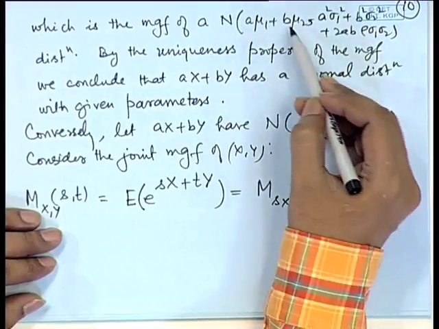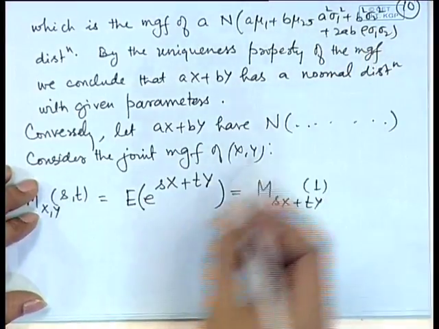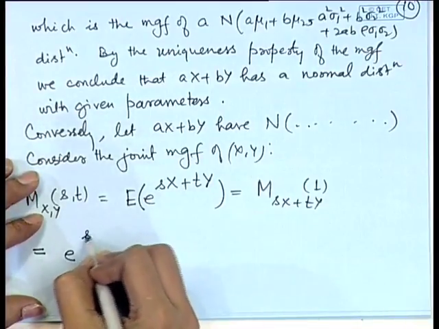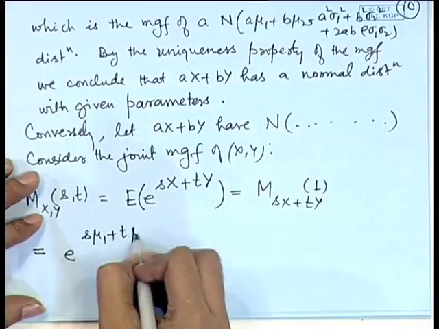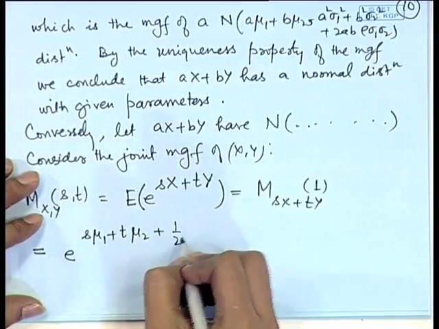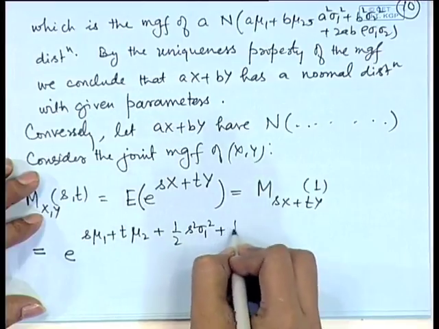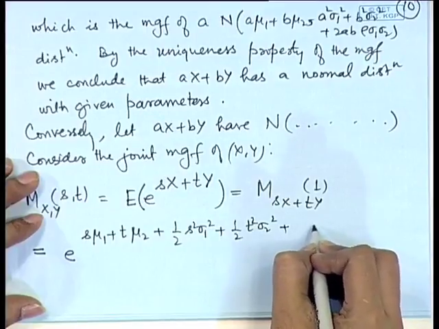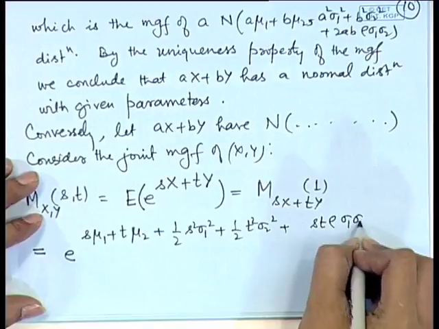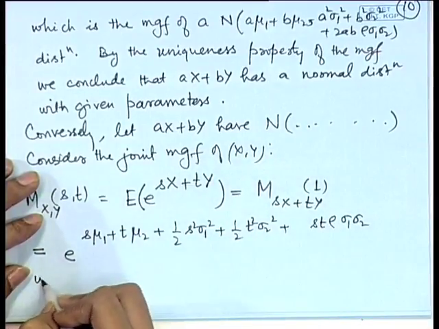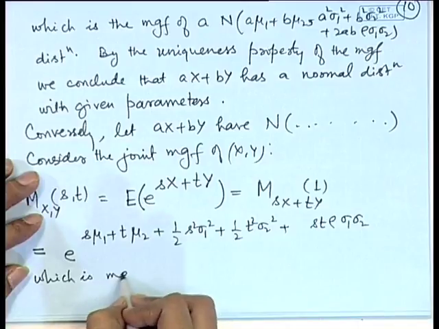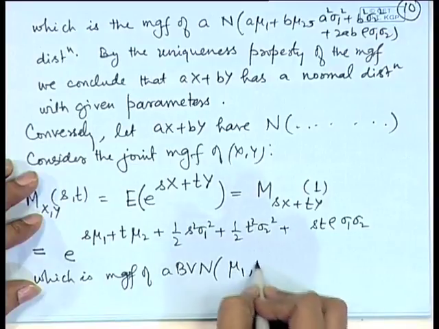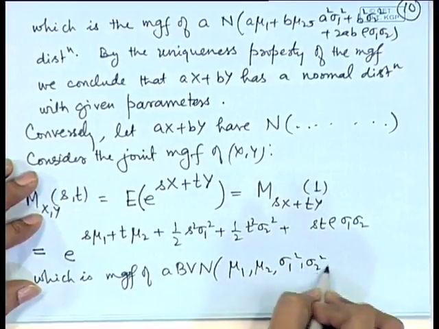So, since the MGF of the normal distribution is known, we substitute this here and it becomes equal to e to the power s mu 1 plus t mu 2 plus half s square sigma 1 square plus half t square sigma 2 square plus s t rho sigma 1 sigma 2, which is the MGF of a bivariate normal distribution with the parameters mu 1, mu 2, sigma 1 square, sigma 2 square and rho.